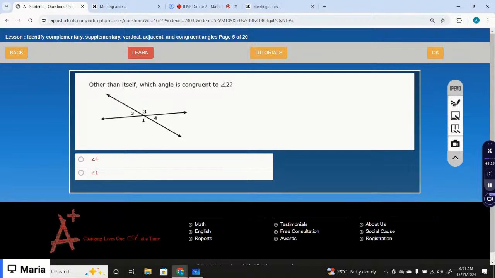Other than itself, which angle is congruent to angle 2? Which is the correct option?